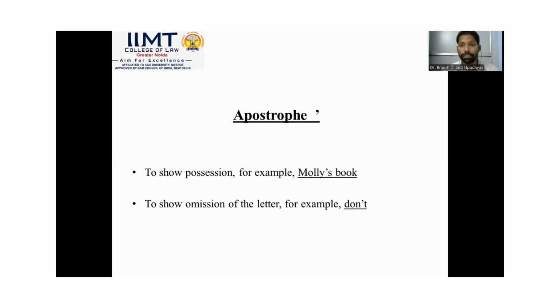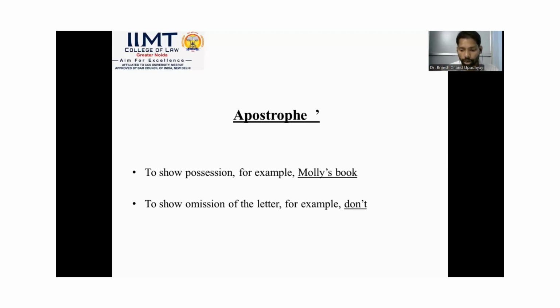Molly's book means the book of Molly, but Molly is a living person, so you need to write apostrophe s. When this is plural, for example, students, already a plural noun, you need not write s, only you have to put an apostrophe and then the noun. So the students' book.